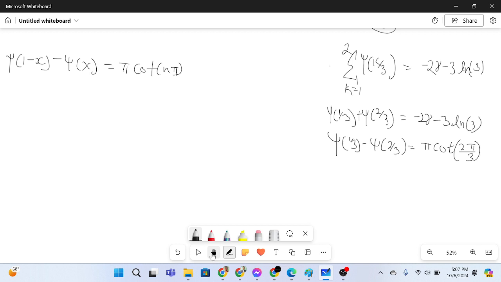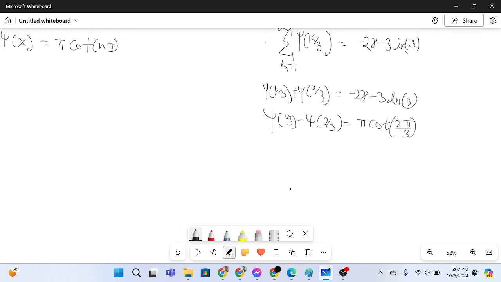And we know that pi cot 2 pi by 3 will be minus pi by root 3, because cot 2 pi by 3 is minus 1 by root 3. That is because cot of pi by 3 is 1 by root 3, so in the second quadrant it becomes negative.